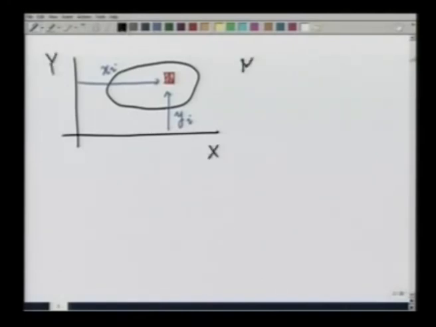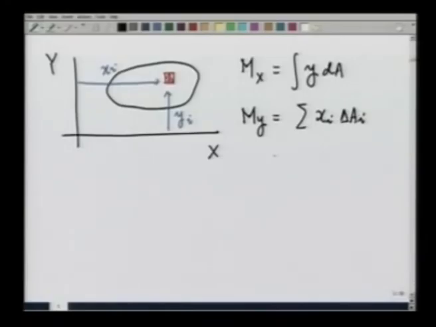I define my first moment about the x axis as the integral of y dA, and similarly I can define My, the first moment about the y axis, as summation x_i delta A_i, which in the limit of continuous area becomes the integral of x dA. These are the definitions. So, we have the first moment about the x axis and the first moment about the y axis.